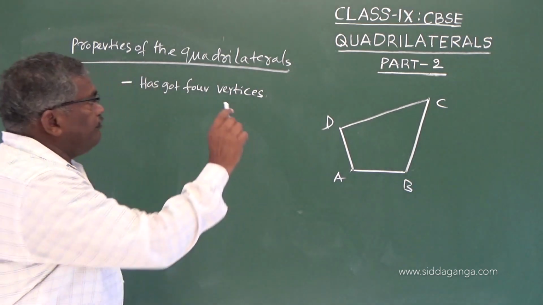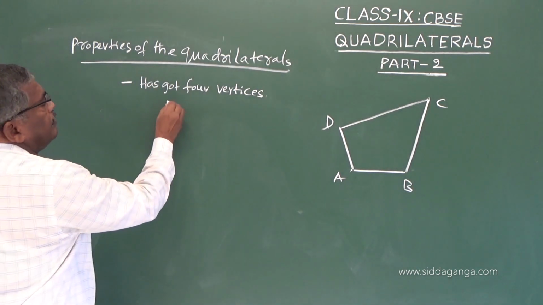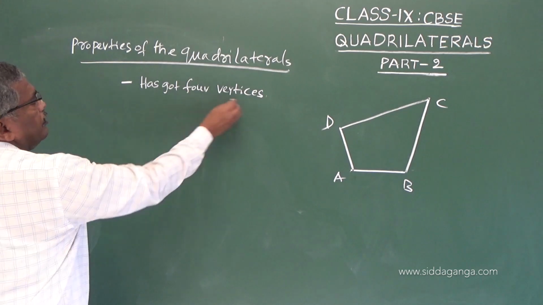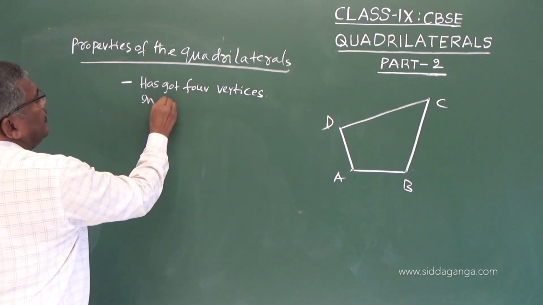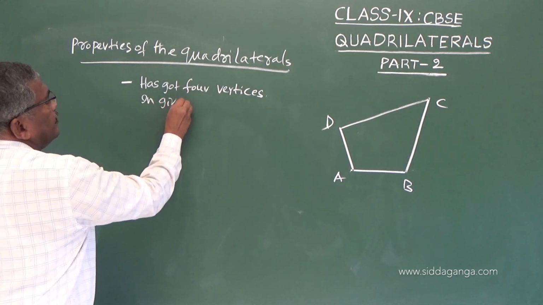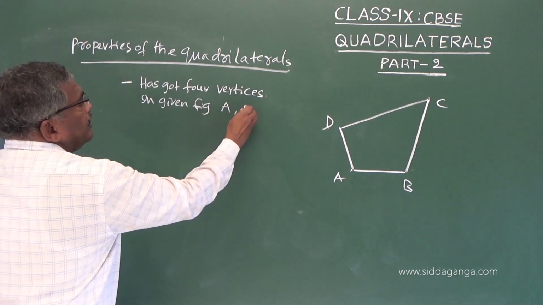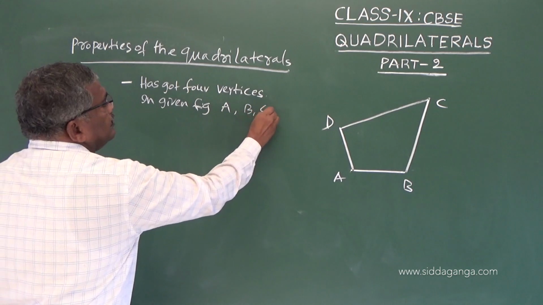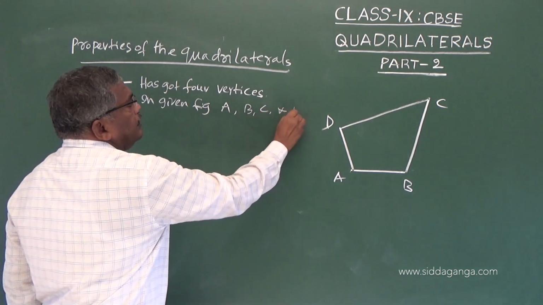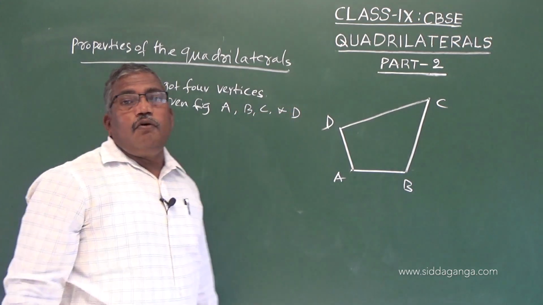So in the given figure, I can name them. A is one vertex, B, C and D. So these are four vertices.